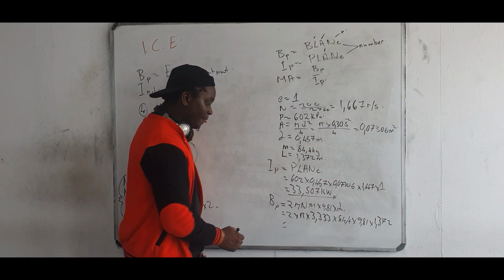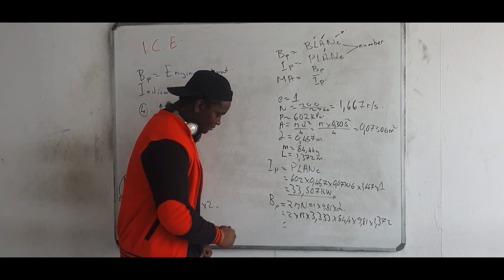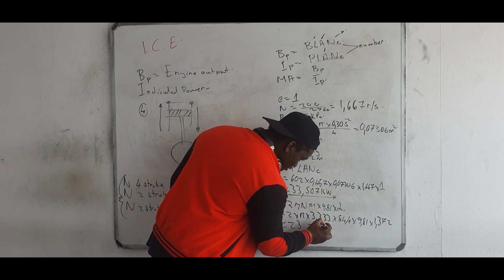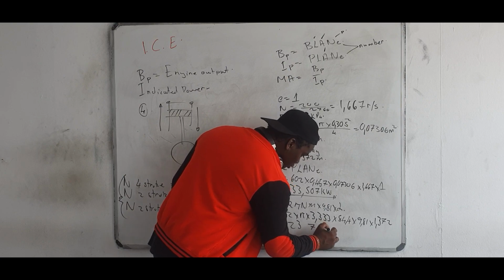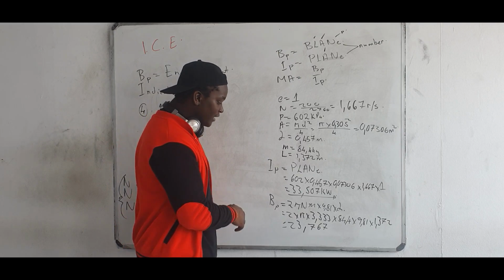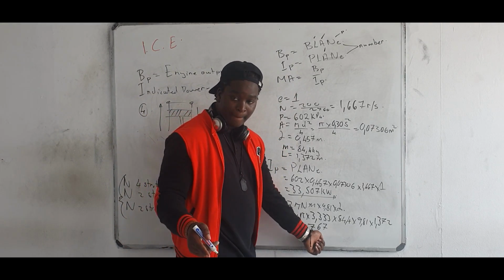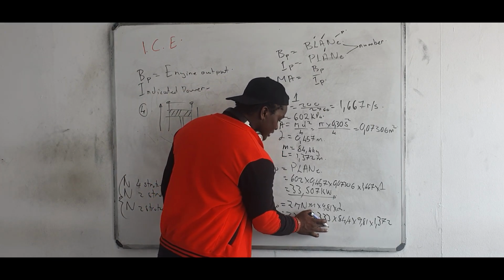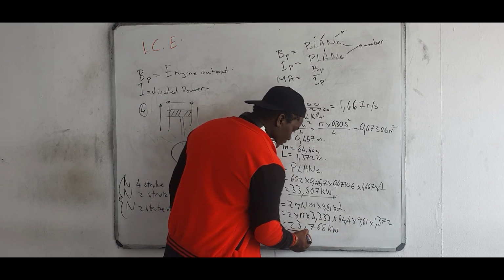What do you get as your answer? 23 767,837. Okay, your answer will be in watts, but let's make sure that we use the same units, so let's convert this to kilowatts. It will be 23,767837. This is in kilowatts. Are we together? Yes. This answer is correct.